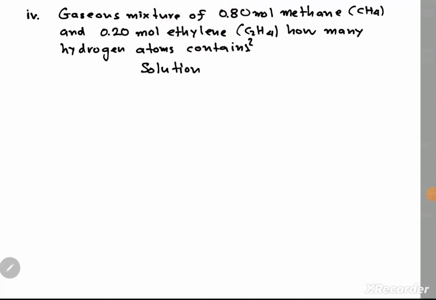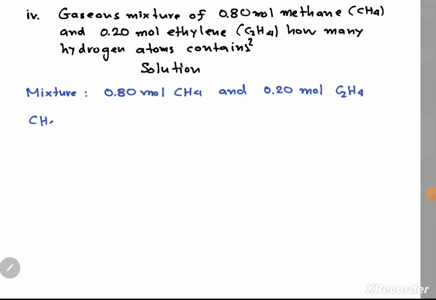In this case, we're interested in the mixture. We first define the composition of the mixture: 0.8 mole methane and 0.2 mole ethylene. We work with each component separately.